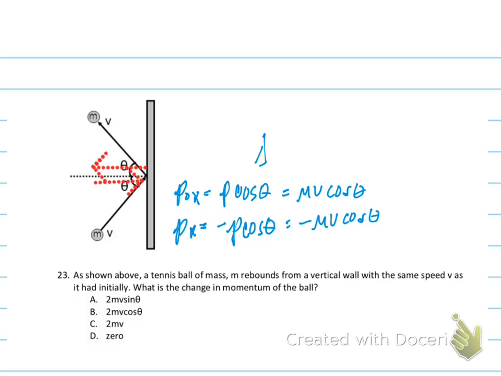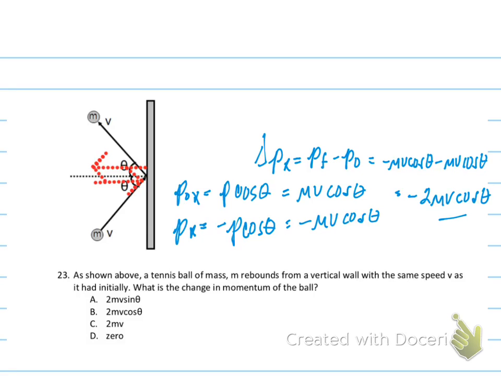So the change in momentum in the x direction is going to equal final momentum minus initial momentum, which equals negative mv cosine theta minus mv cosine theta, which equals negative 2mv cosine theta.